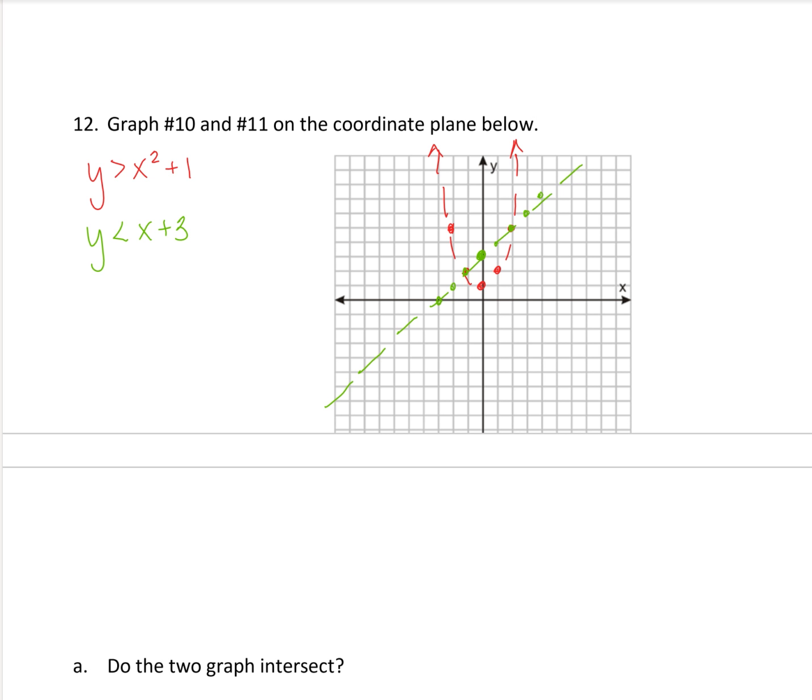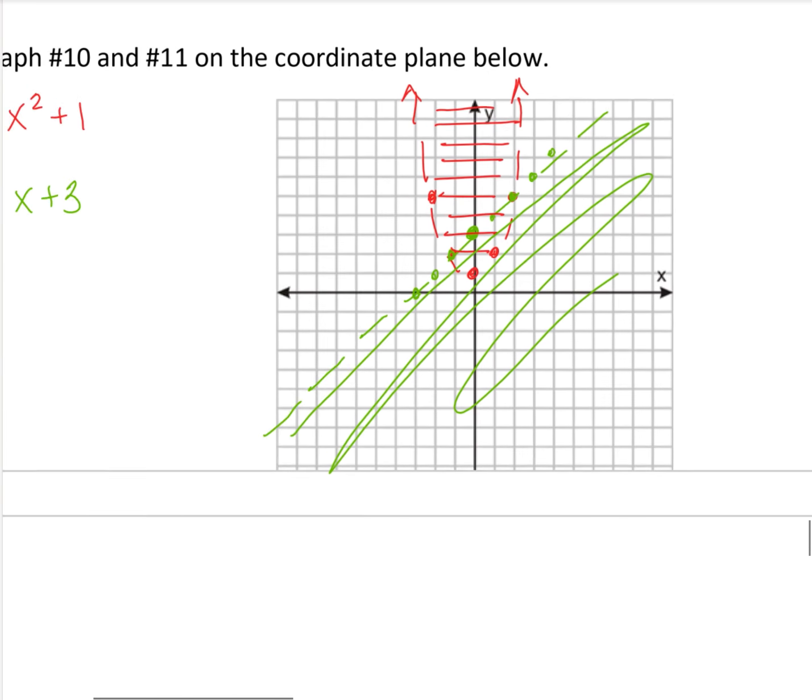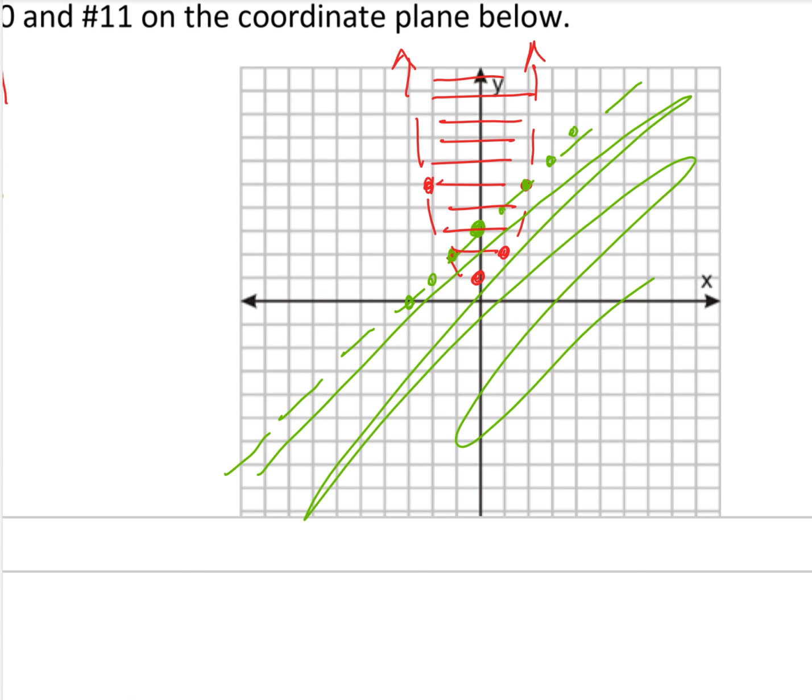And just like previously, whenever we were doing this, we're trying to figure out where they overlap. So again, everything was greater than up here, so this will be all red. And of course, it was everything less than x plus 3, so if I draw my green, it's underneath the line. But if I look closely, I only want where they intersect.